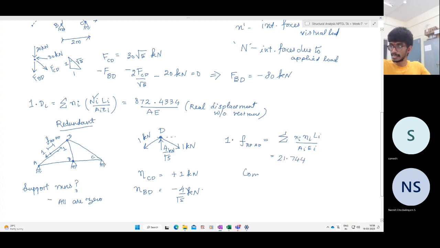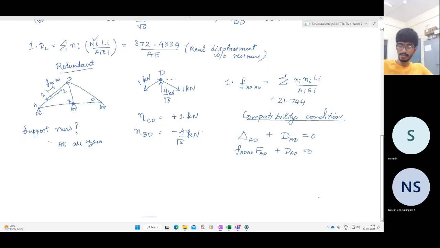So what is the compatibility condition? The compatibility condition says that the displacement in AD due to the redundant force plus the displacement in AD due to the applied loading should be equal to 0, because there is a restraint. This is nothing but F_AD into capital FAD plus D_AD equal to 0.